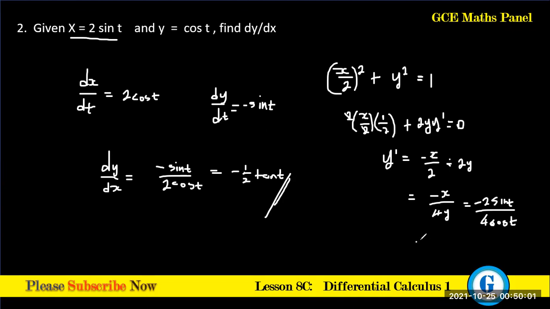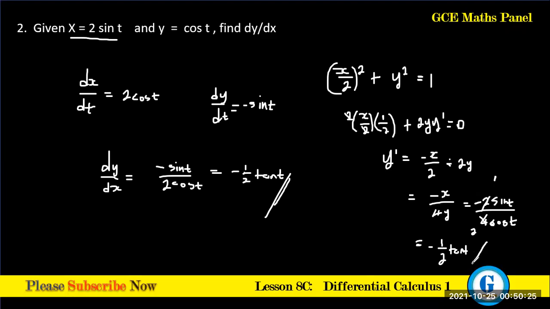So when we cancel this out, 2 cancels the 2, we are left with minus a half tan t. So we still have the same result, right? Yes, we have the same results.